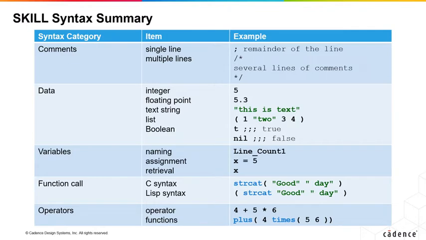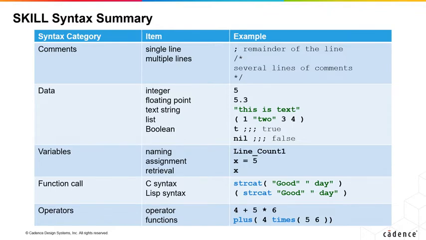Next, we'll examine valid skill syntax. Here we have a table with the syntax category, the type of item that syntax represents in skill, and then an example of the syntax. First of all, we have comments, which can be either single line or multiple lines.